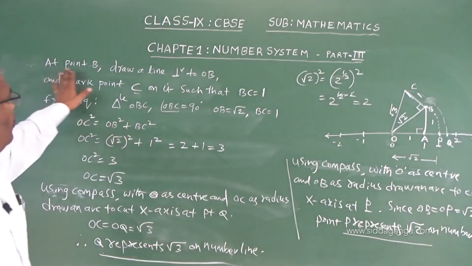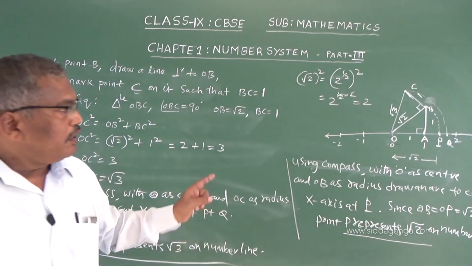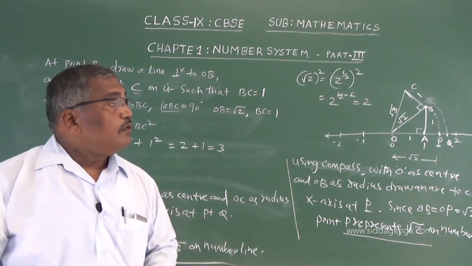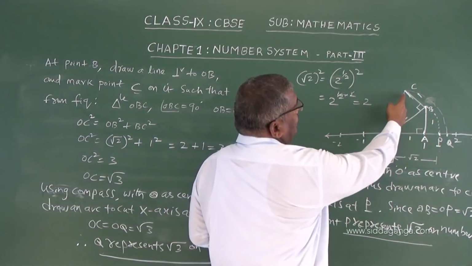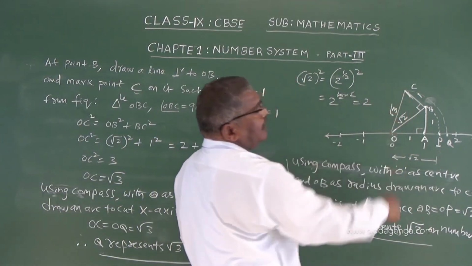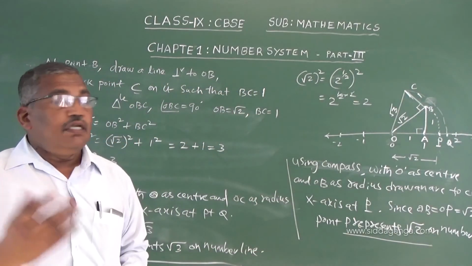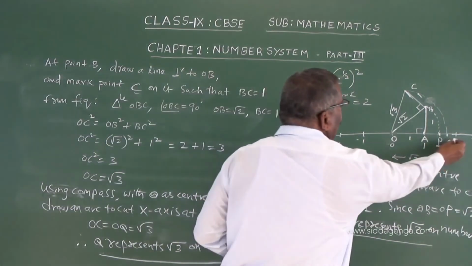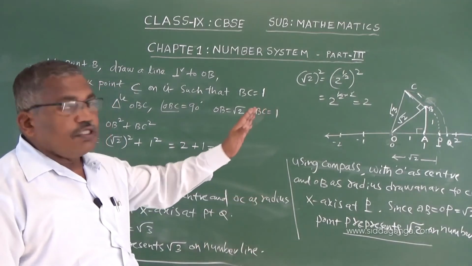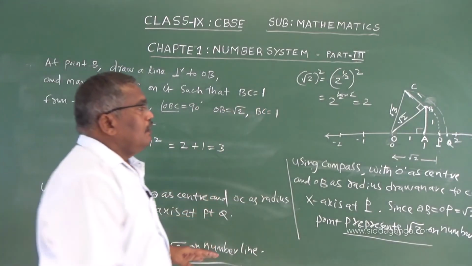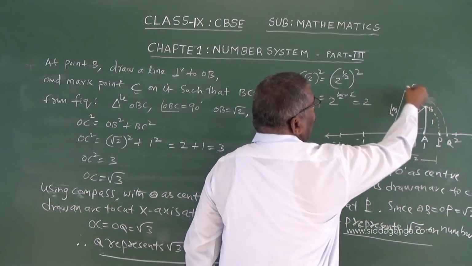So this is how we can represent the irrational numbers on the number line. In a similar fashion, if you continue with this, again you have to take a perpendicular here. You can find root 4, that is 2, which is readily available. For root 5, you can continue the process in a similar manner, and this line is known as the square root spiral.